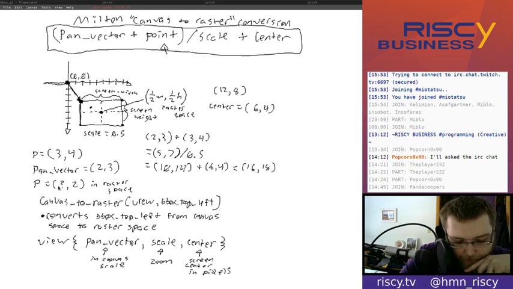So something is wrong here. I think it's probably because we didn't change the scale of the pan vector when we said the pan vector is 2, 3. Do we divide that? We've got to divide it, right?